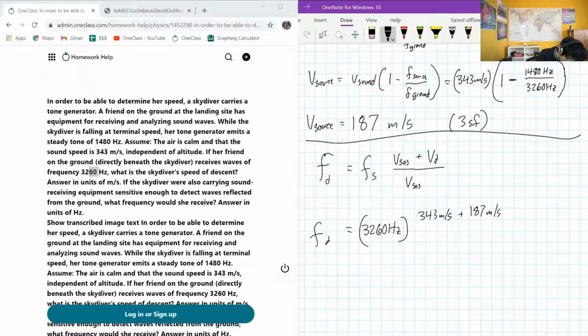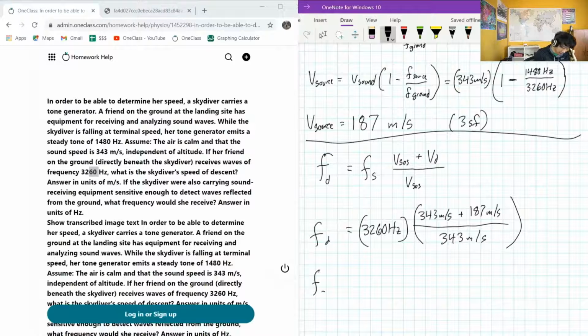So that's F D, all divided by the speed of sound, 343 meters per second. Okay, let's ask our calculator what this will give us. I expect a number larger than 3260 because when things are approaching, they have higher frequencies. That's what we'd expect here.